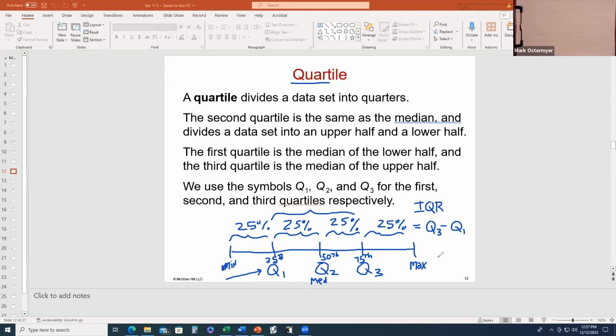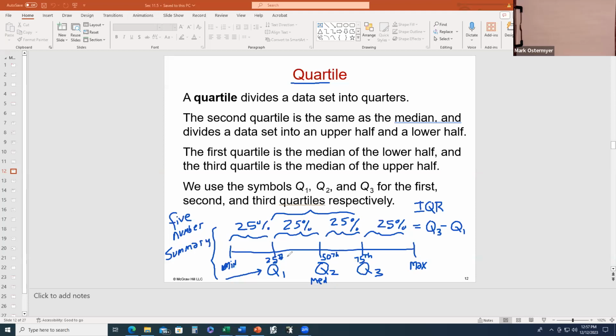Together, the minimum, the maximum, and the 3 quartile values is called the 5-number summary of a data set. And it's nice to have the 5 number summary of a data set, because from that information, you can ascertain quite a bit of information.